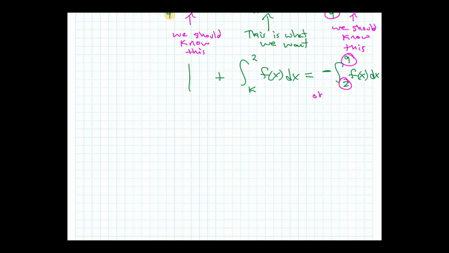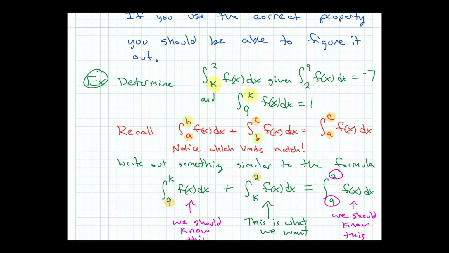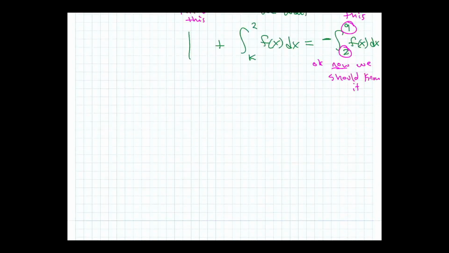So, okay, now we should know it. All right. So what is the integral from 2 to 9? 2 to 9 is going to be -7. So let's write this out again one last time. It's not actually the last time, I lied. So we have k to 2 of f of x dx.